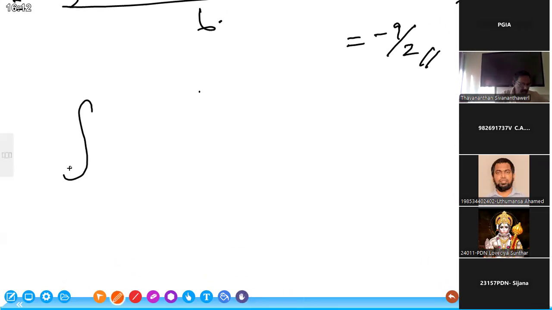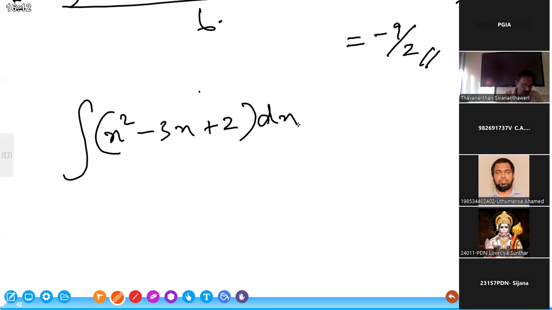Right, another one: the integration of x squared minus 3x plus 2 dx from 1 to 2. Try this one.